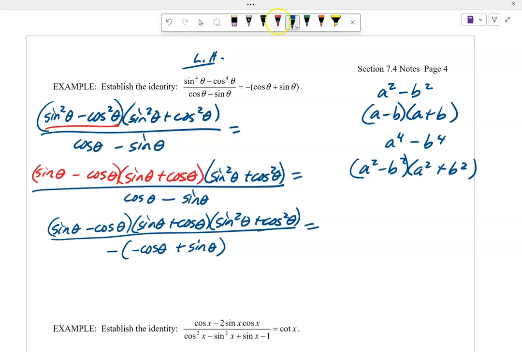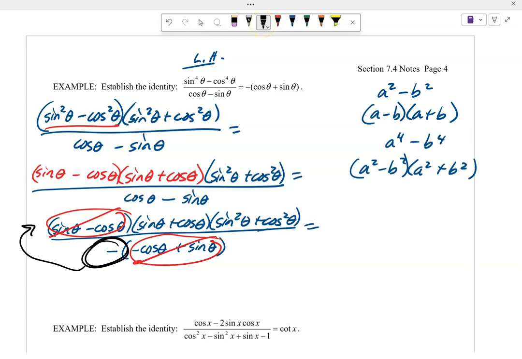Alright, so notice sine minus cosine, sine minus cosine. So that's gone. And what I'm going to do is take this negative up top. Okay, so now up top I have a negative. Then I have this sine plus cosine. And then this sine squared plus cosine squared. Remember, this is the money formula right there highlighted. What is sine squared plus cosine squared?